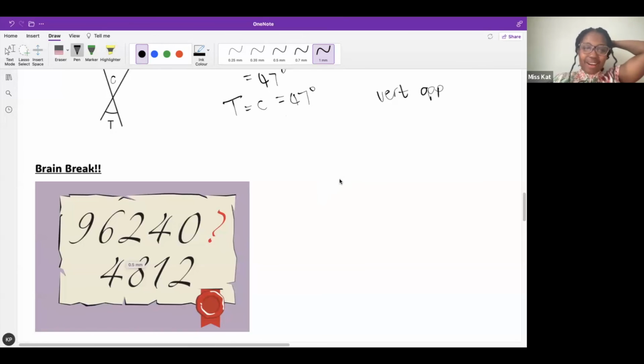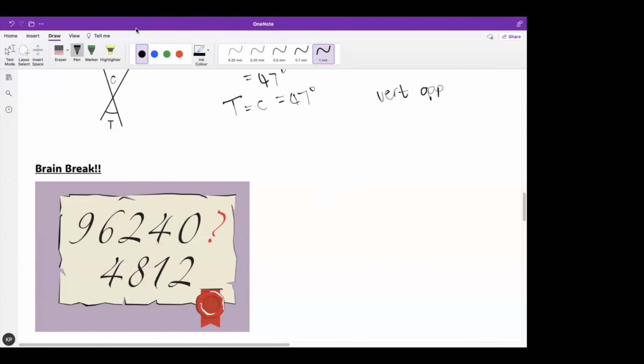There's a brain break. You guys need to tell me the number is missing. What is this? You're giving everyone anxiety. Quiet. Guys, come on. You guys can definitely do this.